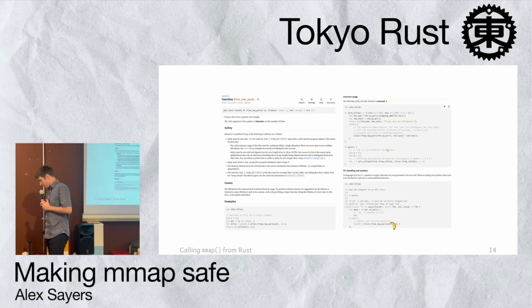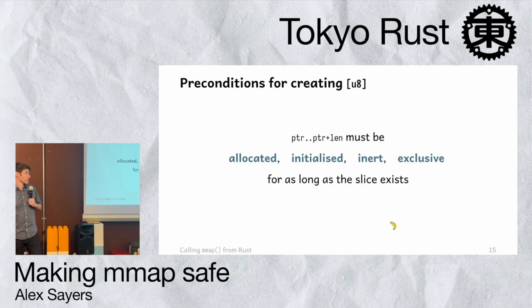So what are the preconditions for creating a slice, specifically a slice of u8? Here's my attempt to summarize it. The memory that we're going to create our slice from must be allocated, initialized, inert, and exclusive. So let me try and explain what these are.